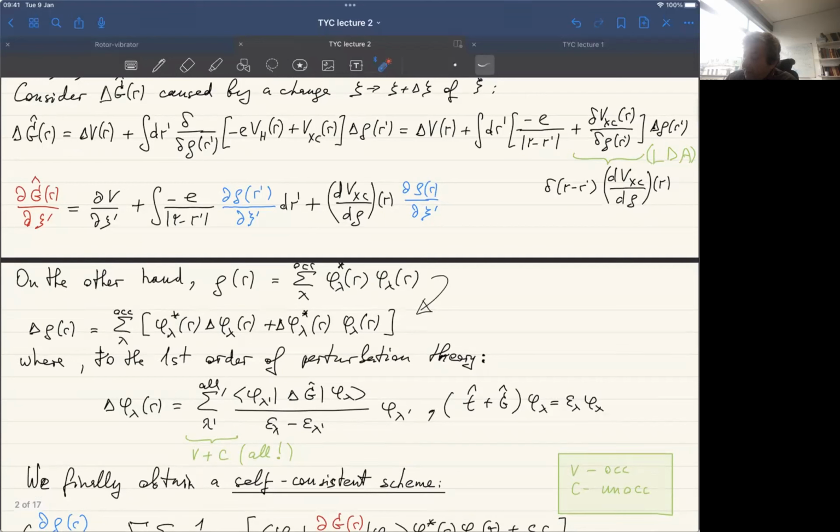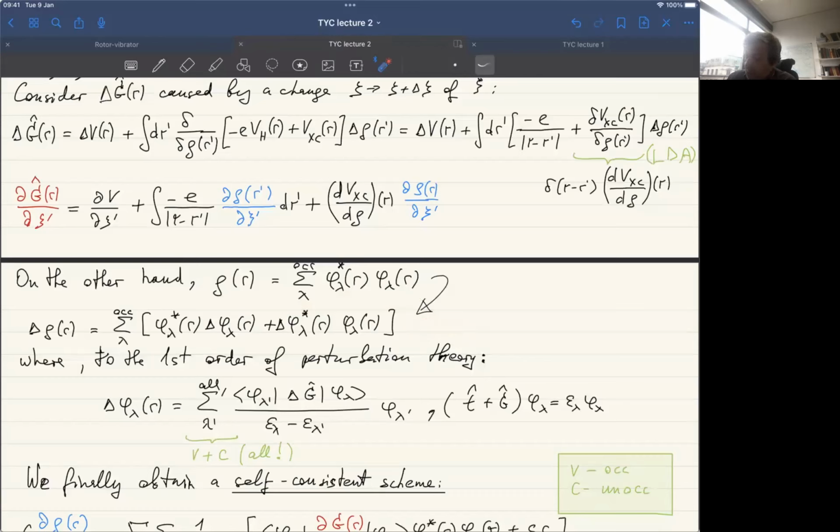Let's remind ourselves what the electronic density is in terms of the Kohn-Sham orbitals. It's the sum of these orbitals squared over all occupied states. So if we would like to calculate the change of the density due to the change of the orbitals, we arrive at that result. Yeah?